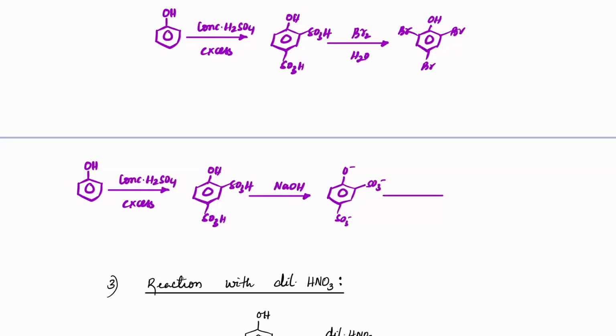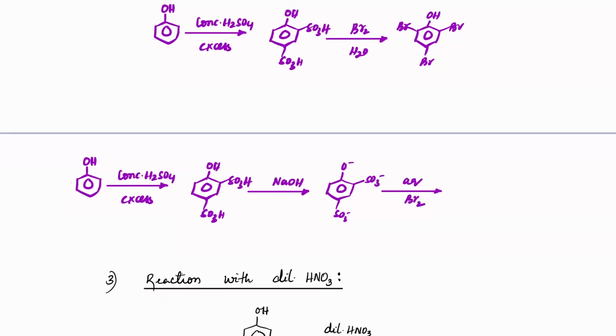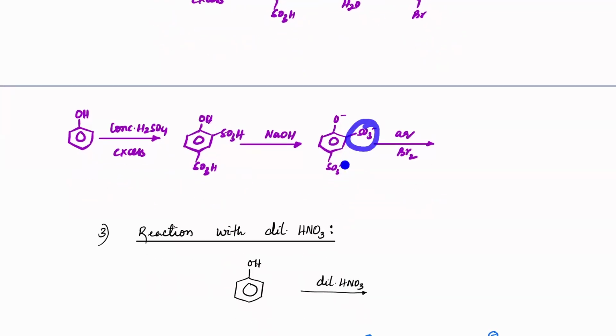And then we have aqueous Br2, got it? Now, in that case, sulfonic acid is a very strong acid, so it will not accept H plus that easily. So this time you will end up getting only one Br at this position, and the SO3 minus and SO3 minus will remain.